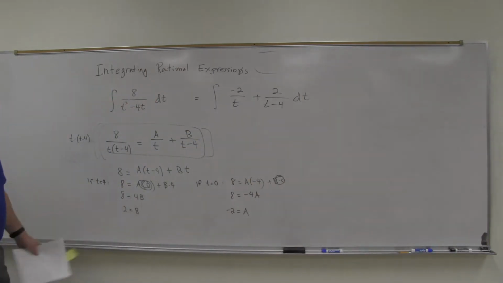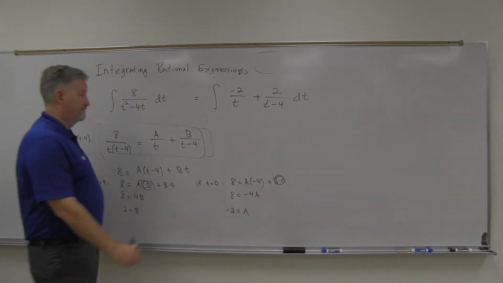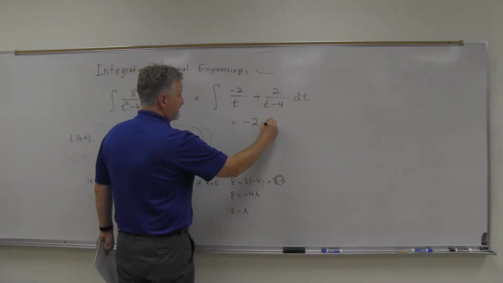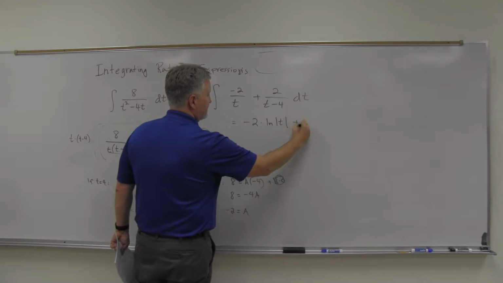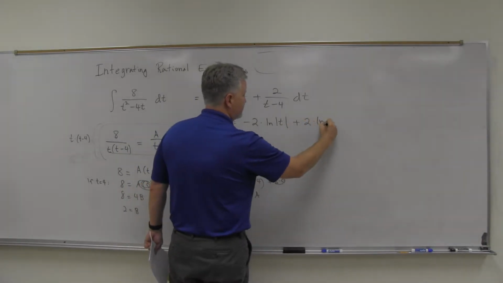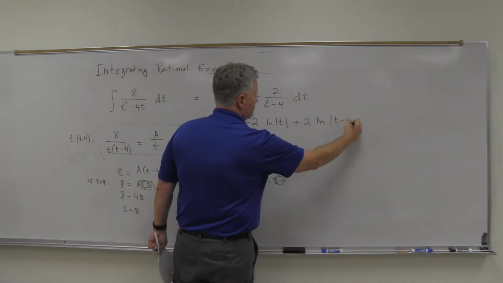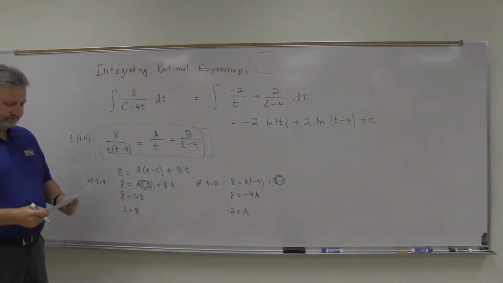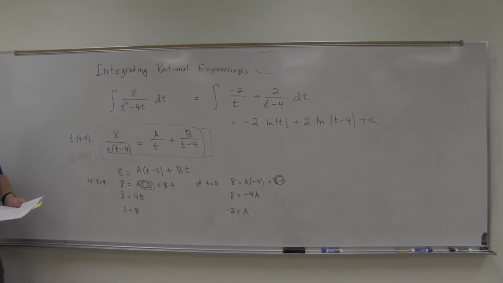And again, those are very simple. That's just negative 2 times the ln of the absolute value of t, plus 2 times the ln of the absolute value of t minus 4. Really not too bad.